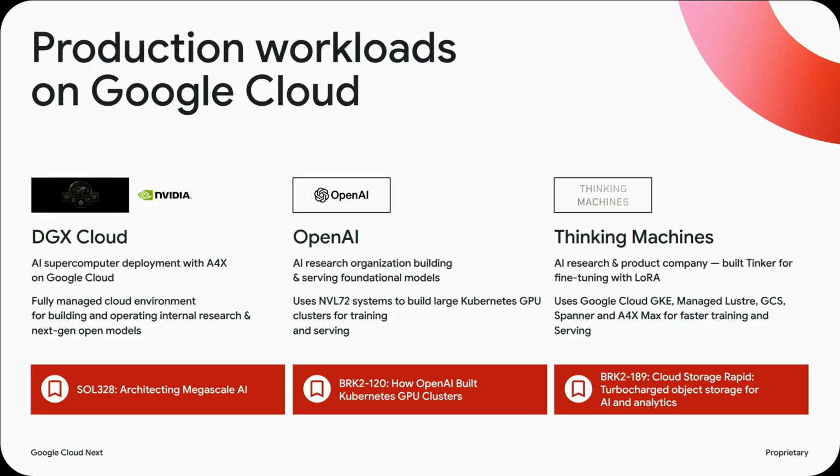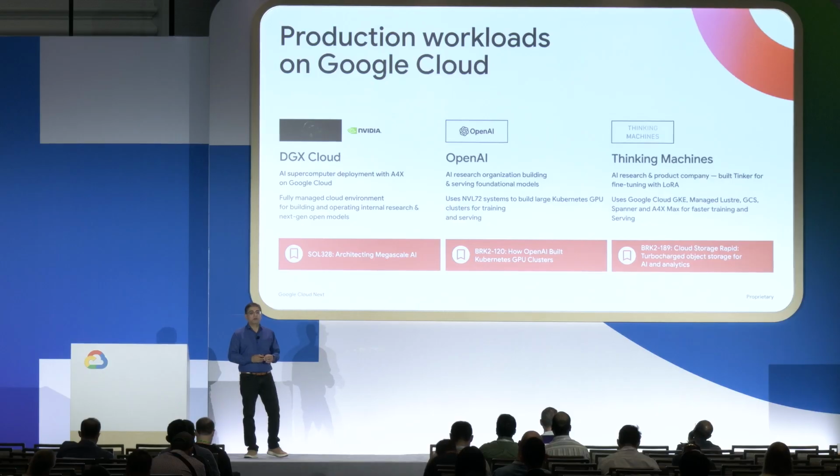And then Thinking Machines, the research and product company and creators of Tinker, for low-rank adaptation fine-tuning of models, are using GKE clusters, GCS services, and Rapid Cache to be as performant as possible on the NVL72 systems that we deploy.